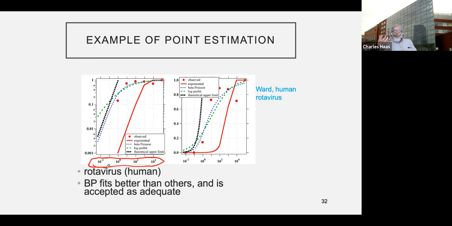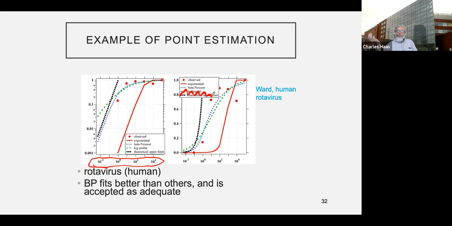I've shown the observed proportion by dots, the exponential by the red solid line, the beta Poisson by the dashed blue line, and I've got two other models by comparison here, the log probit and a theoretical upper limit. Log probit is a purely empirical model without theoretical basis.